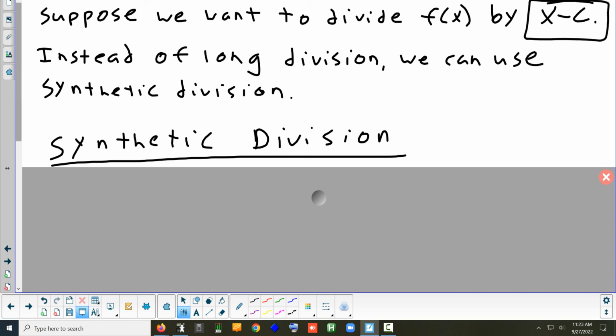Synthetic division only works if you divide by something of the form x minus a number, which also implies you could do x plus a number. But if you have to divide by something like x squared in the bottom, you can't use synthetic division, at least the way I'm going to teach it. So you'd have to go back to long division. So synthetic division, a faster way to divide if you have a linear polynomial as your denominator.